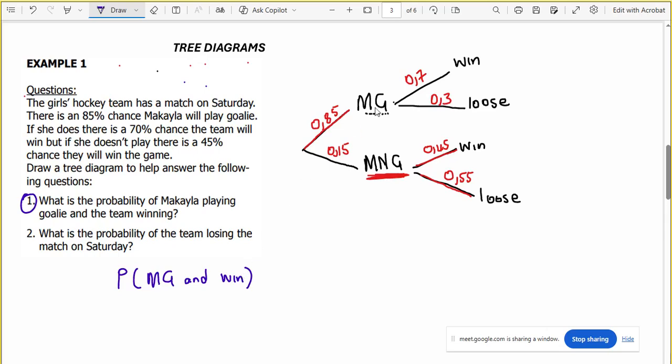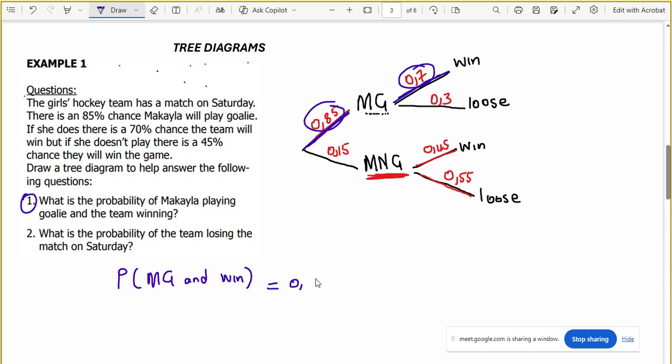So you will move from Michaela playing goalie, that part, and win. So you're going to multiply the two probabilities, because on a tree diagram, these are dependent events.